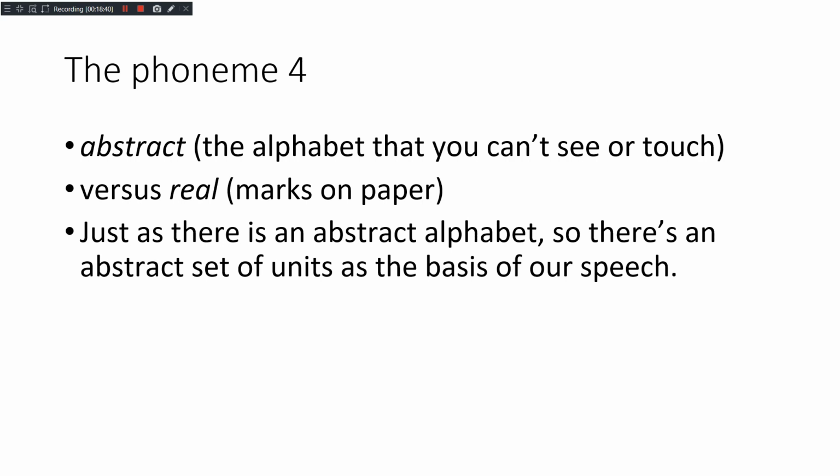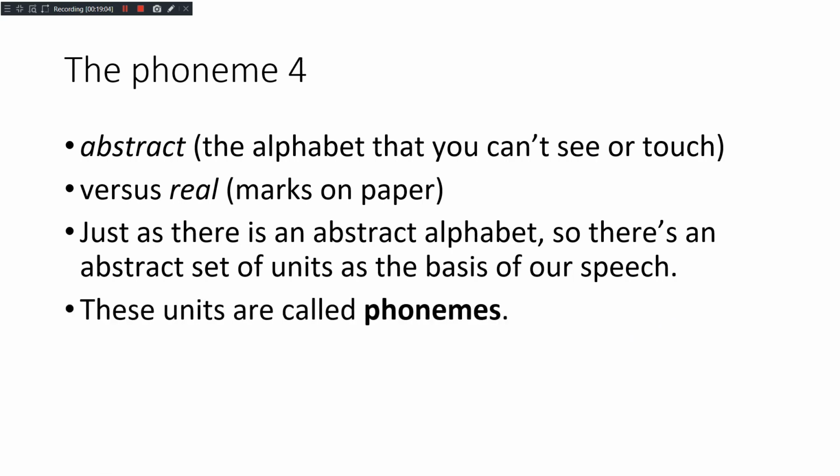I don't know the exact number of Kurdish phonemes, but let's say there are 40 sounds in Kurdish, so it is that exact number which we call the set of units that we use as a basis in order to speak Kurdish. In phonology, these units are called phonemes. So each unit, each sound is called a phoneme.